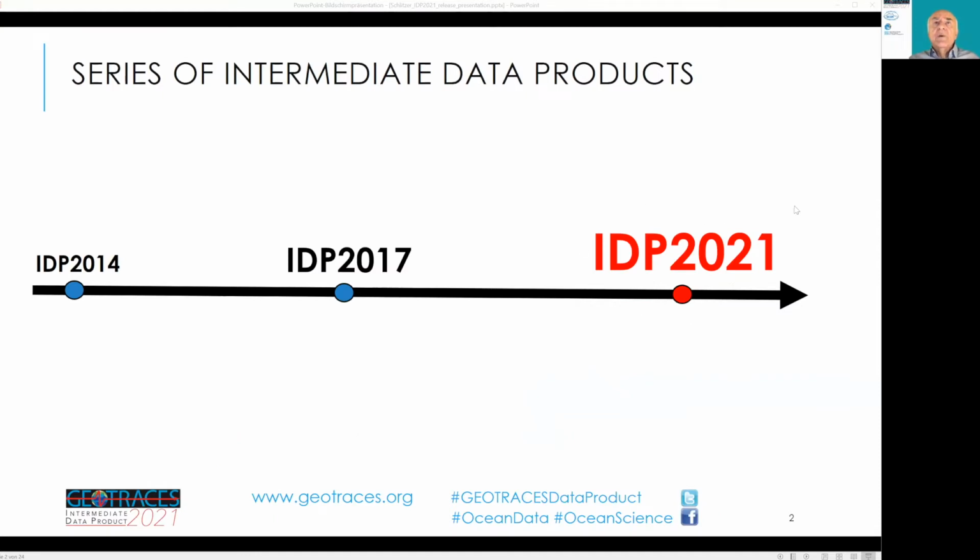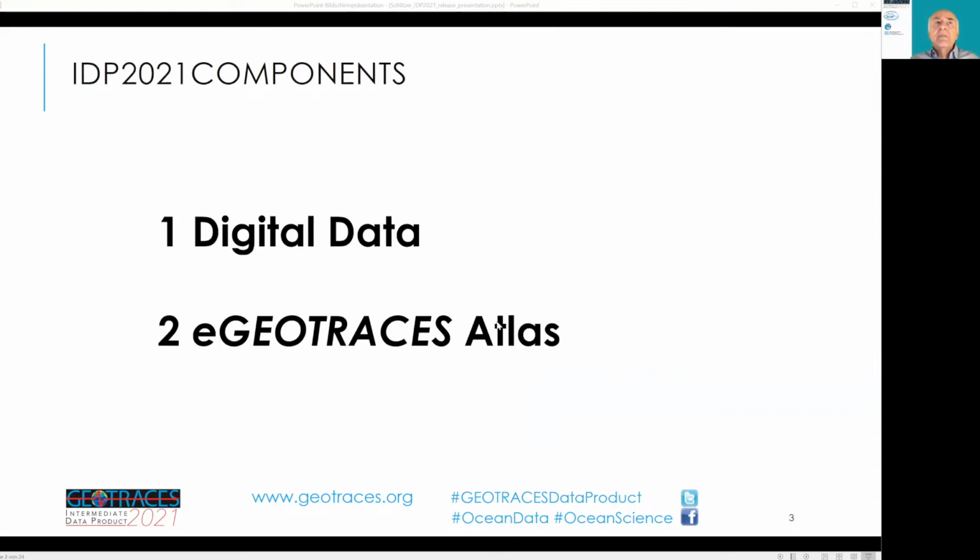IDP 2021 is the third product in a series of intermediate products. Like the previous data products, it consists of two parts: the actual digital data, and as a second part, the eGEOTRACES Atlas that contains visuals of the IDP 2021 data.